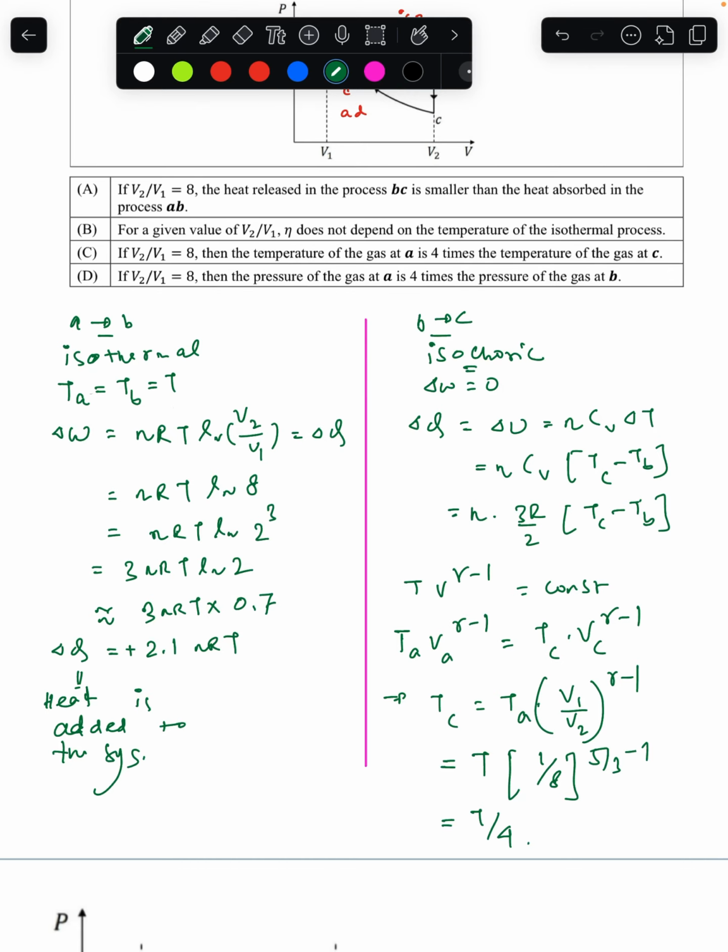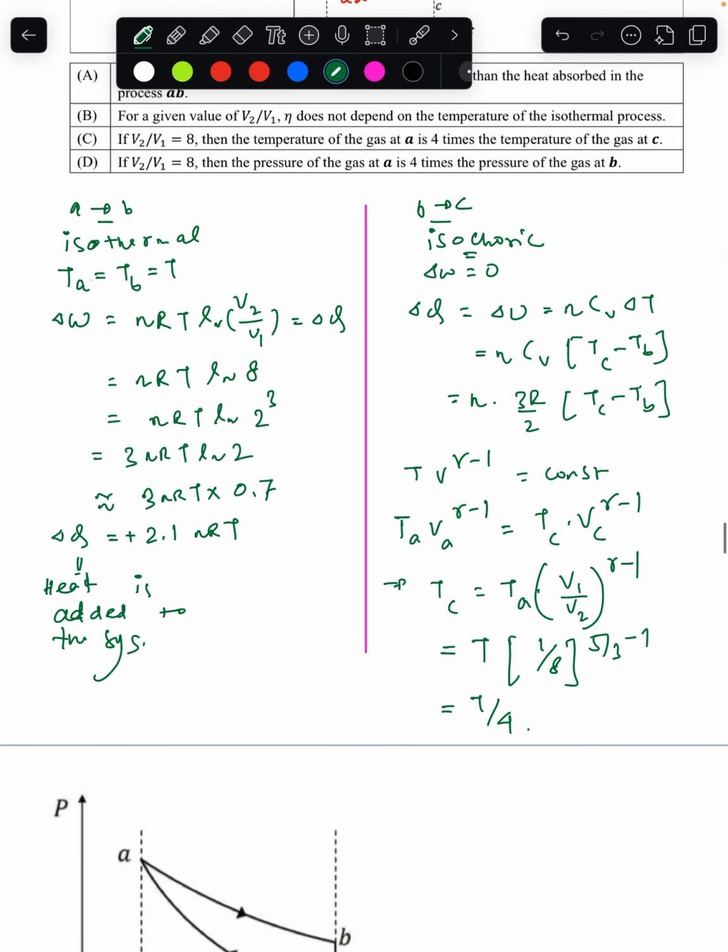If I go back to this equation, then we can write delta Q is equal to 3 nR by 2 times T by 4 minus T. T by 4 minus T is minus 3 by 4.